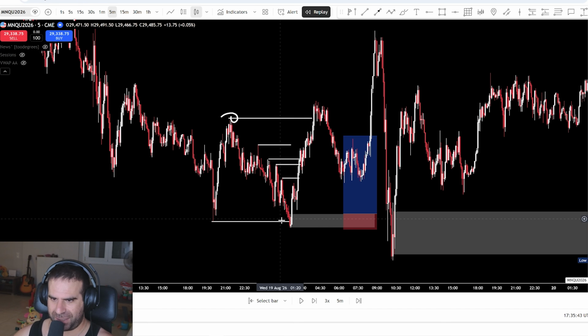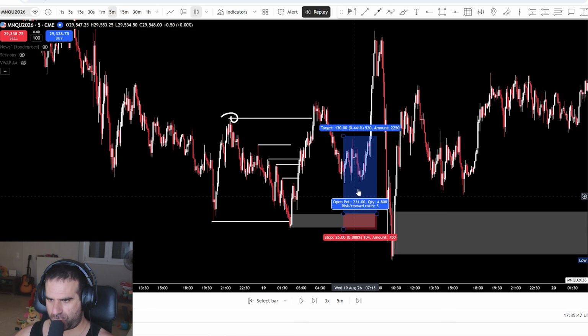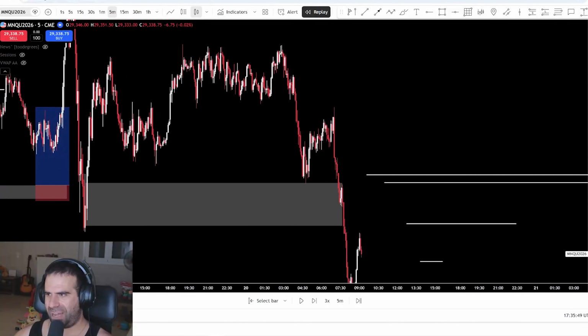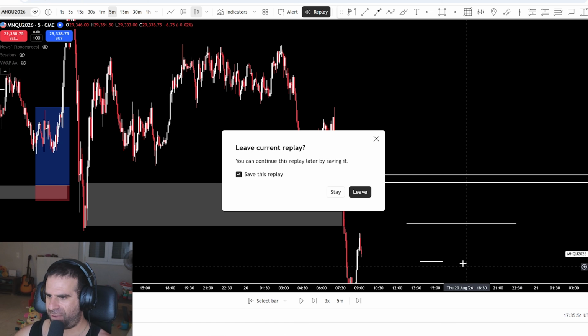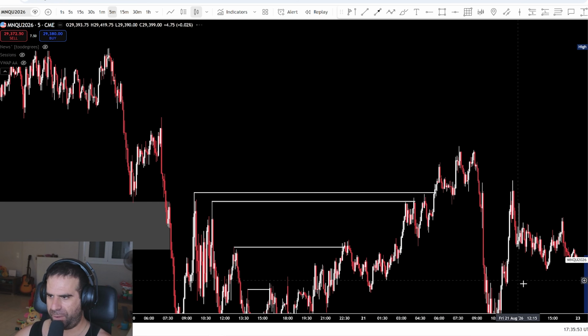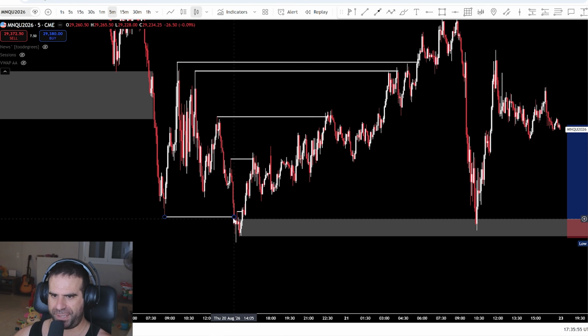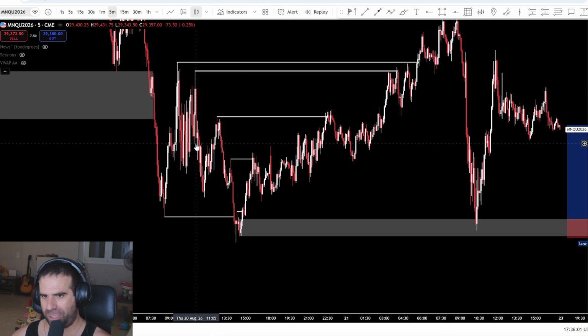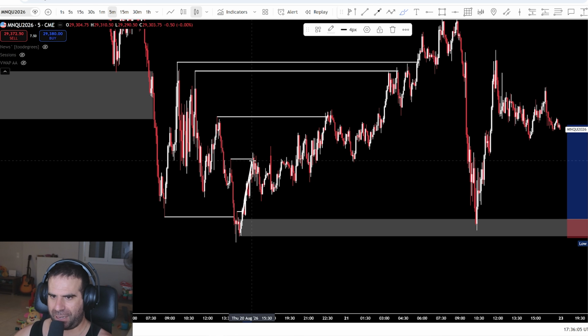The difference with that is that here we broke with this impulse a ton of structures, so this trade is valid. Very same thing if I exit the replay tool, the replay mode over here. We broke a ton of structures with the first impulse from the left side, okay? So we didn't wait for new structures to be formed right here, which then got broken.